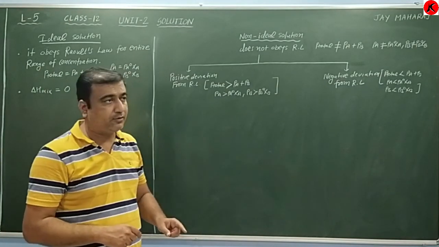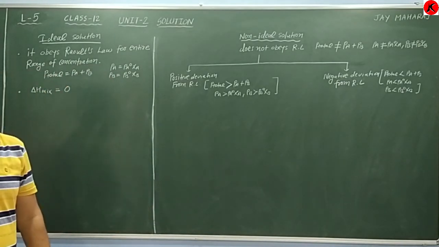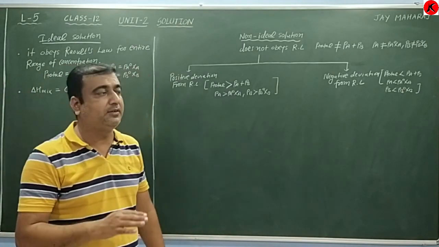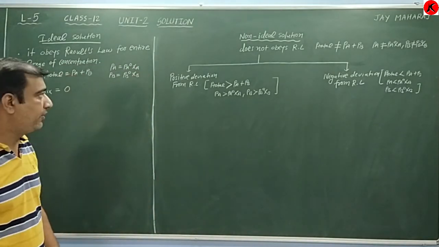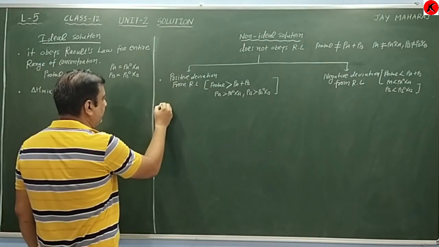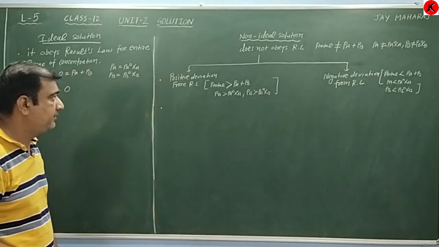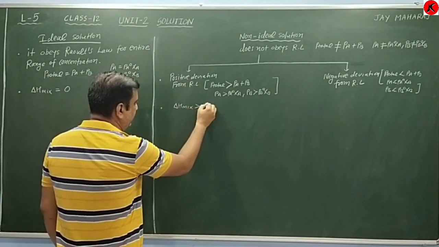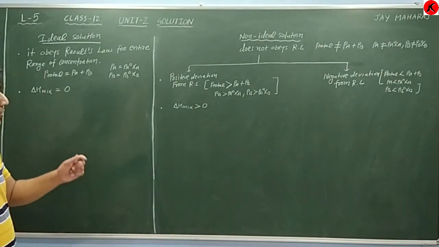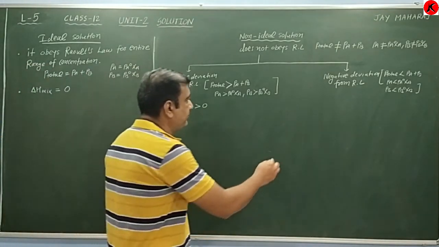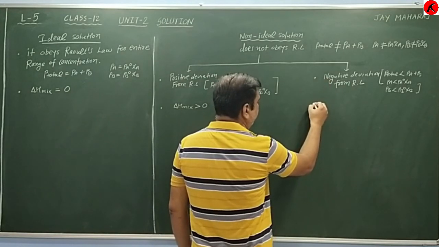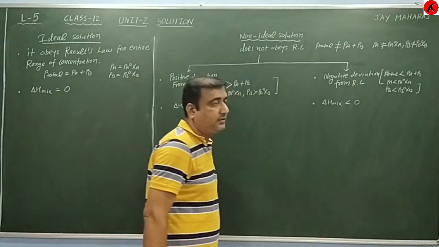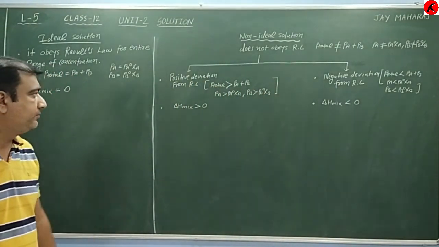In case of non-ideal solution, delta H mixing is not equal to 0. That means again two possibilities, whether it is greater than 0 or less than 0. If delta H mixing is greater than 0, that means it is positive deviation from Raoult's law. If delta H mixing is less than 0, then it is negative deviation from Raoult's law.